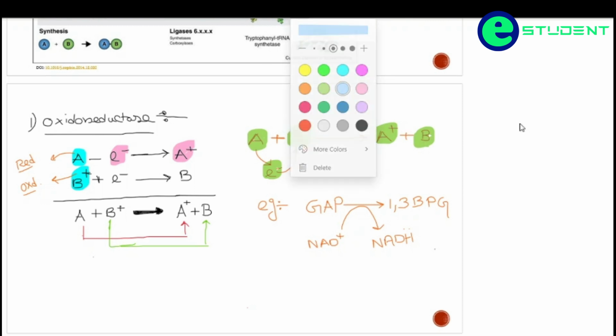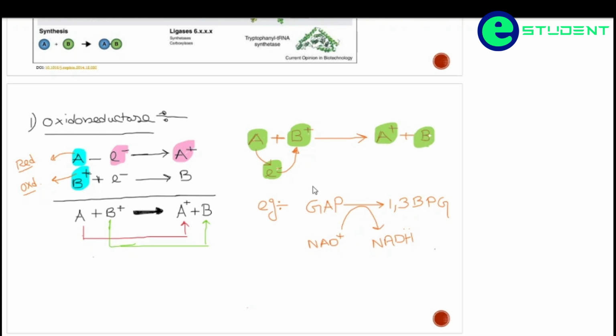Here is an example from the glycolysis pathway. This is glyceraldehyde 3-phosphate, or GAP, and it is converted into 1,3-bisphosphoglyceric acid.